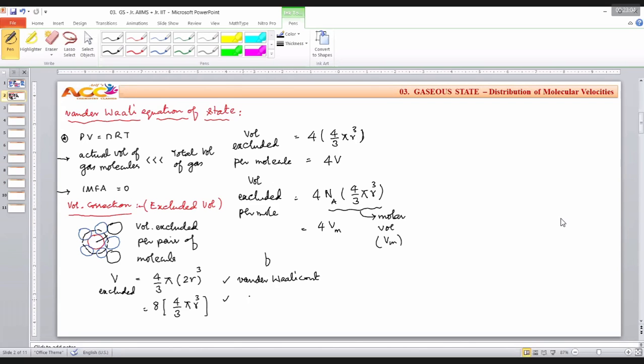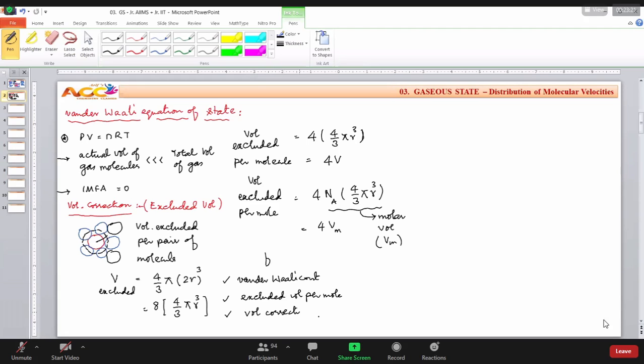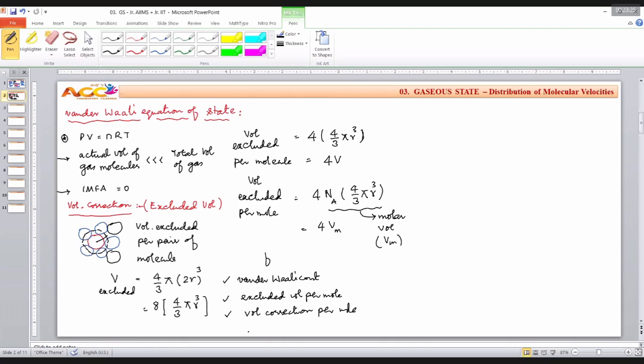B is called excluded volume per mole. No, sir. What is B? B is called volume correction per mole. No, sir. What is B called? B is called co-volume. You have to remember all this.